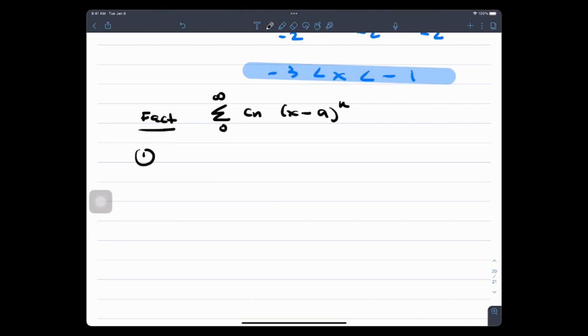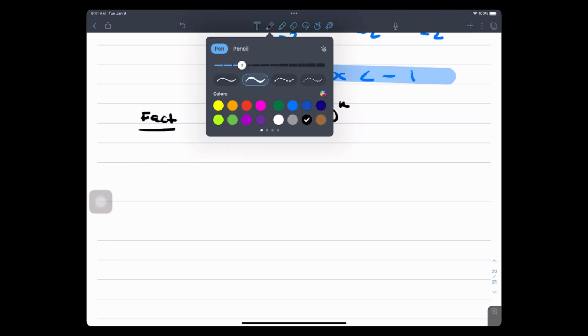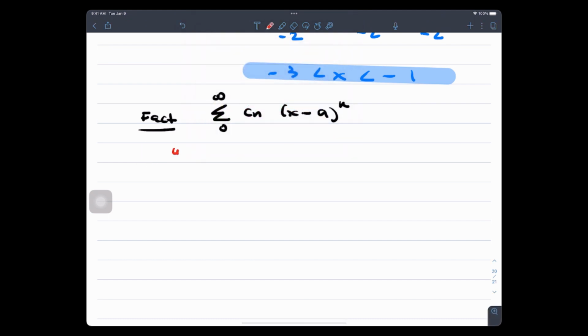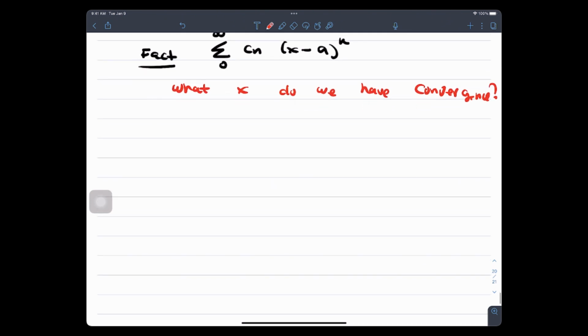Number 1, and remember, you say, what do I care about really for a power series? We care about for what values of x do we have convergence?